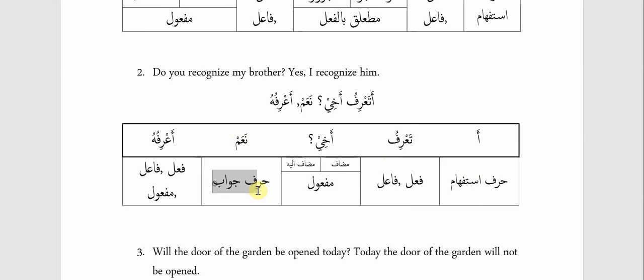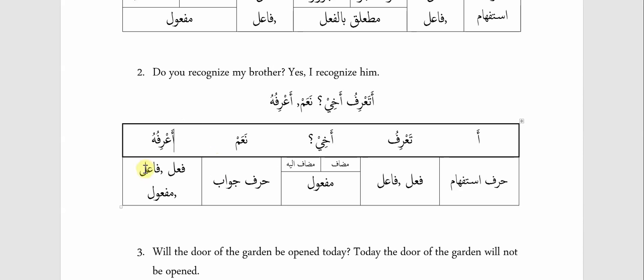And for answering you have the harf jawab. You have the particle for answering. And na'am, yes. This is interesting because this is your fi'il, fa'il, and maf'ul. So, as we said, عرف يعرف, and in the first person singular, it's أعرف.